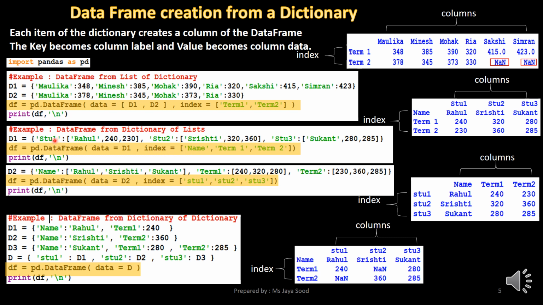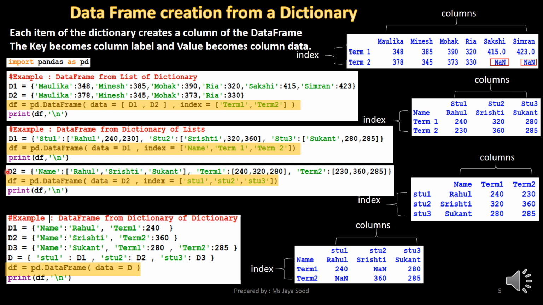The dictionary keys stu1, stu2 and stu3 will create the column headings and the list values will make the column data. The row labels are name, term 1 and term 2 as specified.